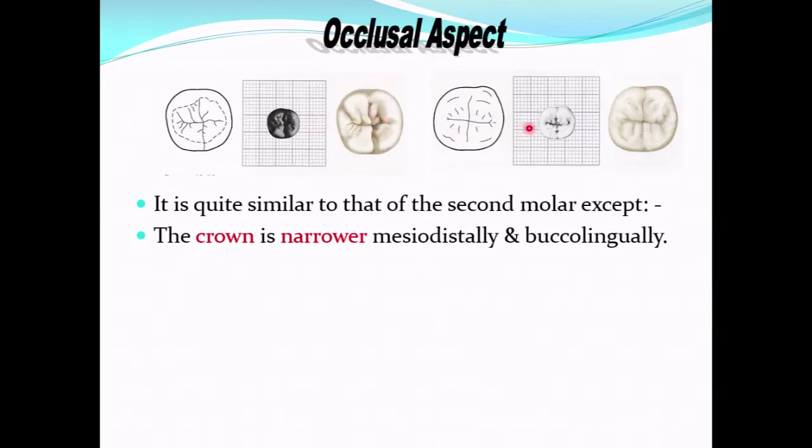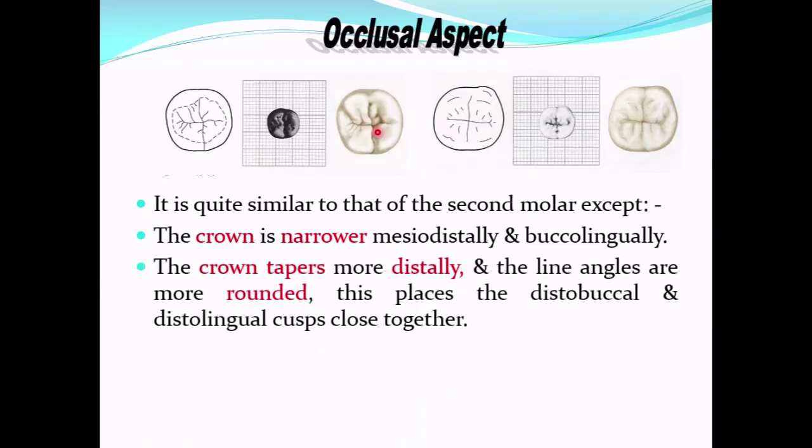This crown is smaller than that crown, the third smaller than the second. The crown tapers more distally. This is mesial, this is distal. The tapering here is more than that of the distal aspect of the mandibular second molar. The distal tapering is more.